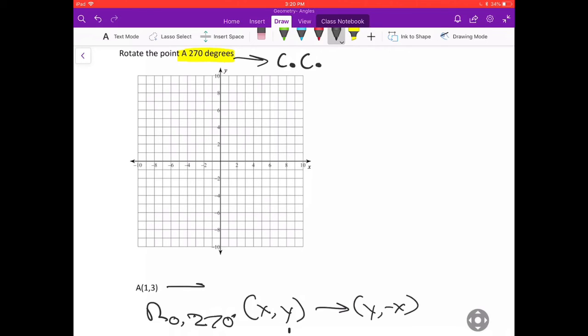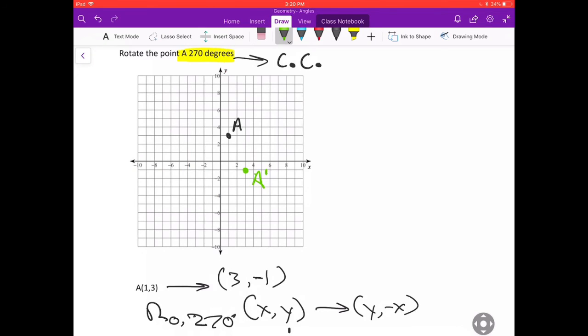So we're going to take 1, 3, we're going to switch the order to 3, 1, and we are going to negate the second one, which is our 1. So make sure that we plot both. Let's call it A, and when we plot the second one, we're going to call it A prime.